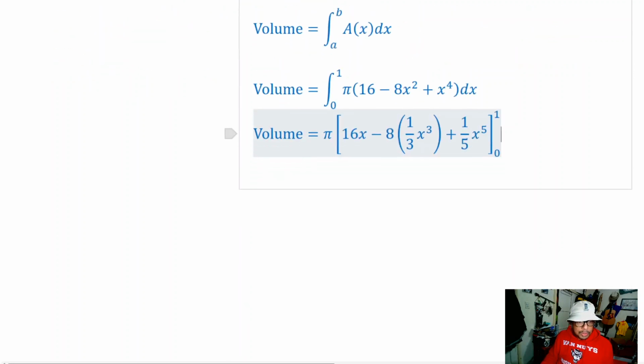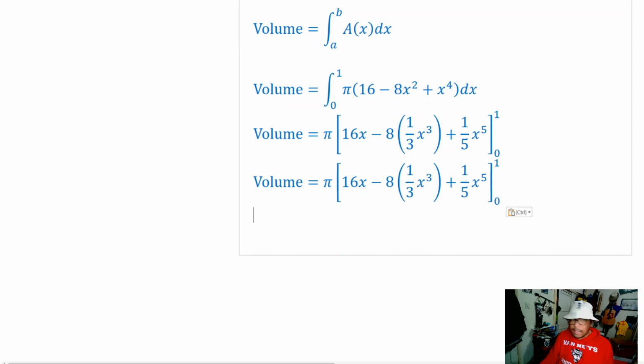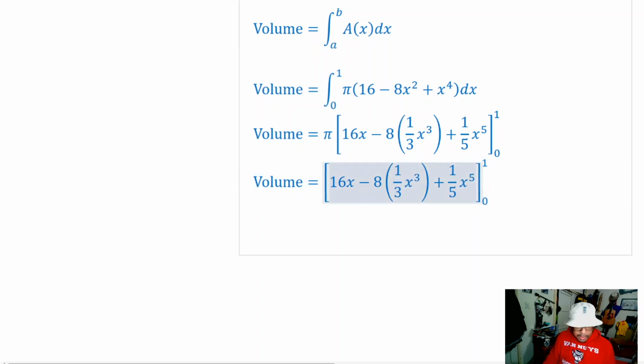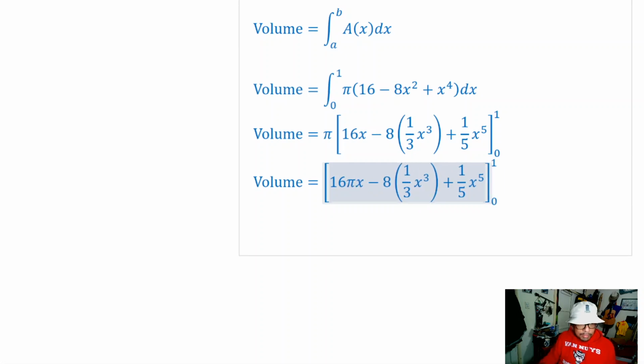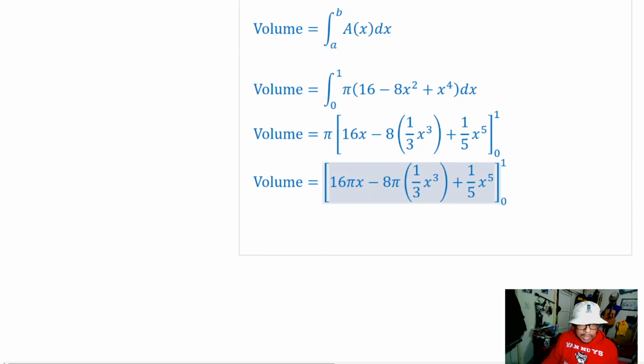All right, let's substitute and evaluate. Actually, let's distribute that pi. We're going to put pi in each one of these. Let's see if that makes things easier. 8 times pi, and this is going to be pi over 5.